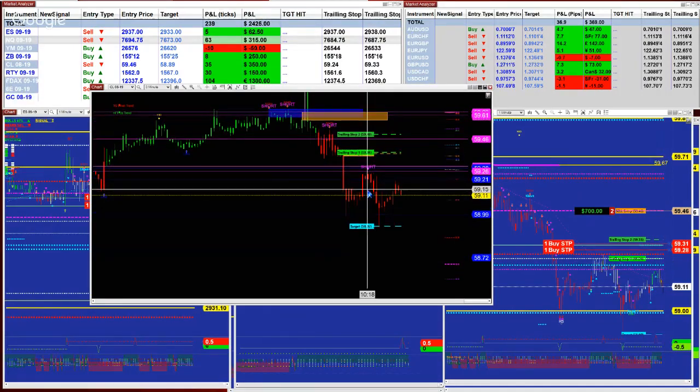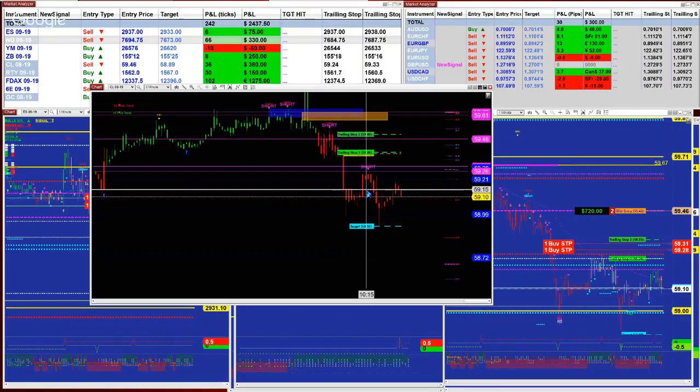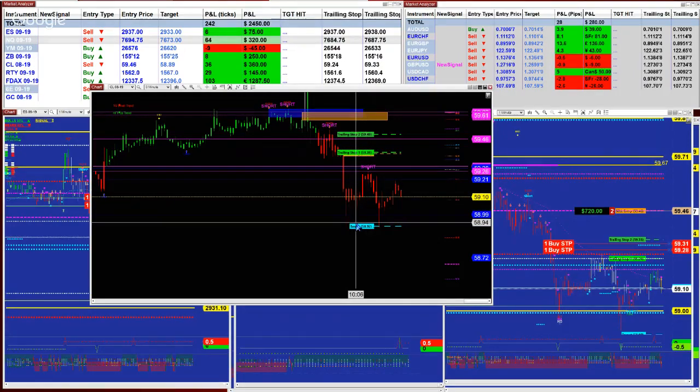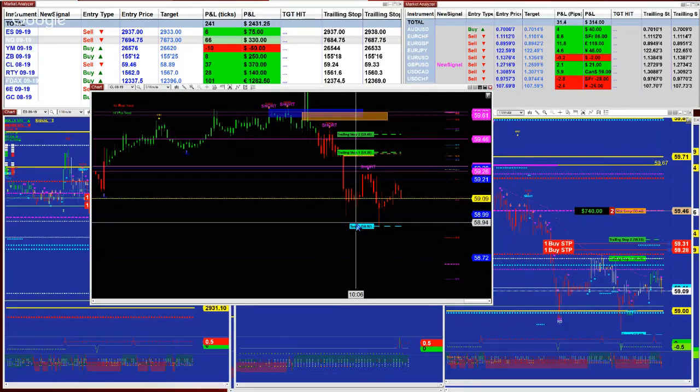I prefer maybe you close with that auto trade, and then you let the auto trade start picking up the reversal, because it will pick up the trend and the reversal.